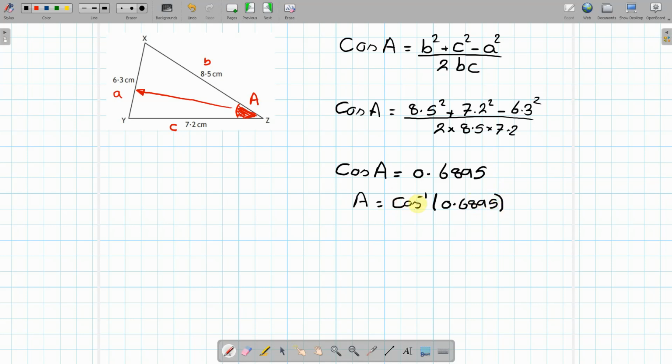Now to get cos to the minus 1, you press shift and then cos on the calculator. And the value that you will get is 46.4 degrees. And that is your final answer for question 7.